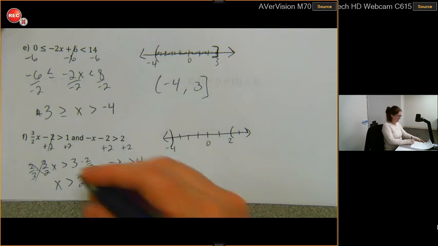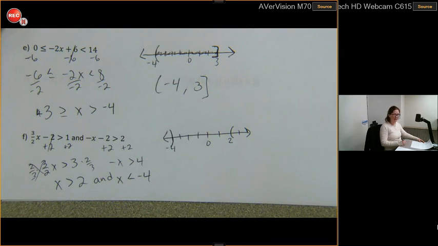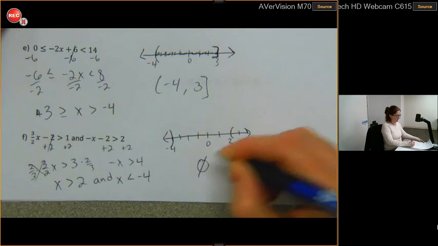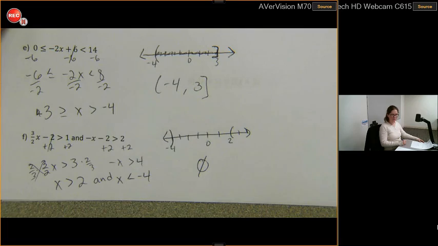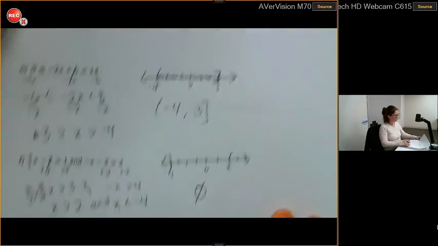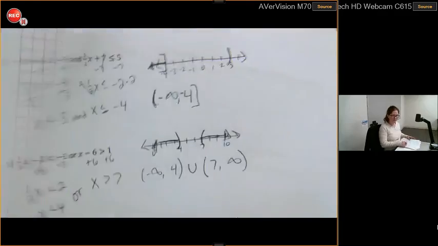If you think about the wording behind that, the word "and" in the middle, you cannot be both greater than 2 and less than -4. It's not possible. So my answer is that there is actually no solution. And that's the end of the section.